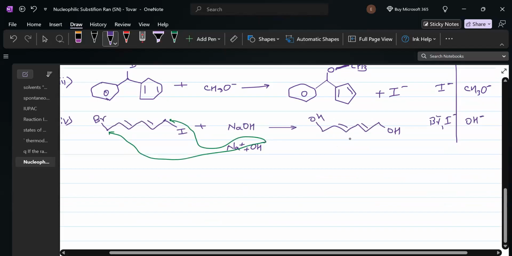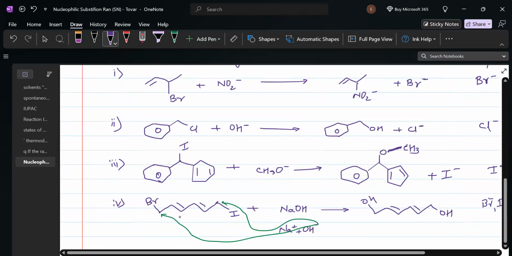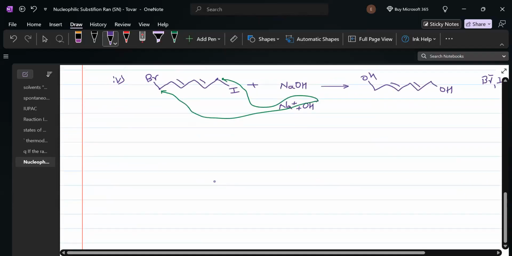So as you can see till here, you understood all these problems, Sufyan? Okay. So in the reaction, you can see that RX, which is reacting with a nucleophile, gives the product, and this has been the leaving group.